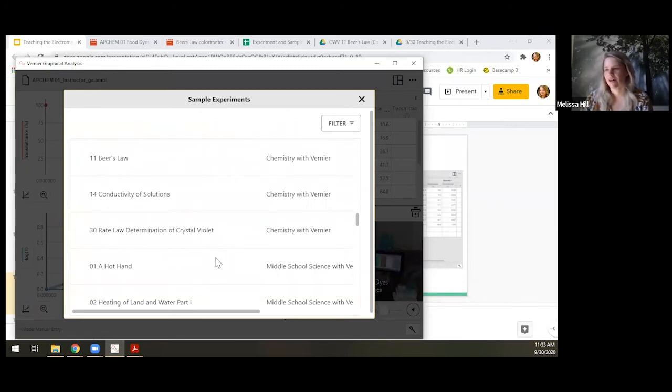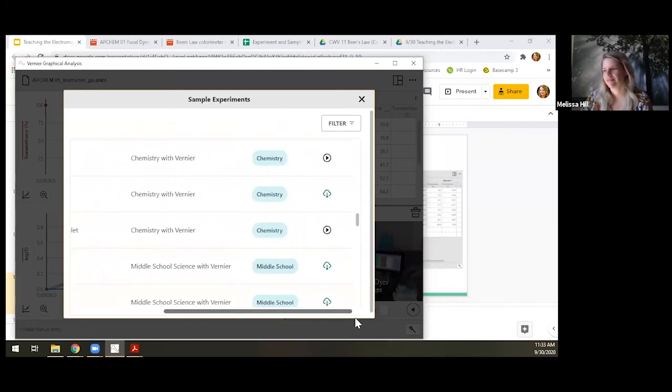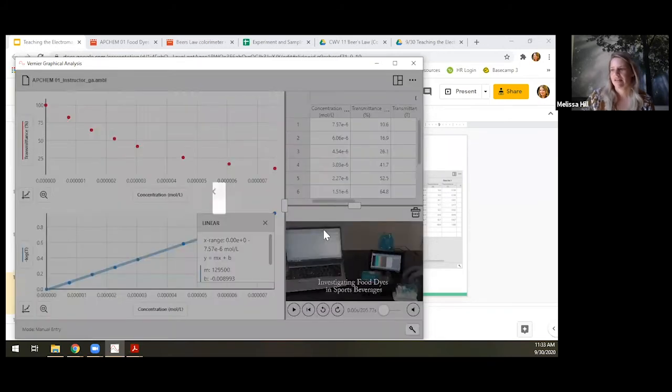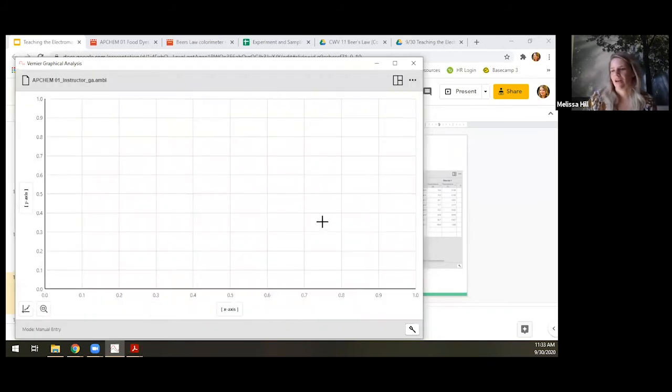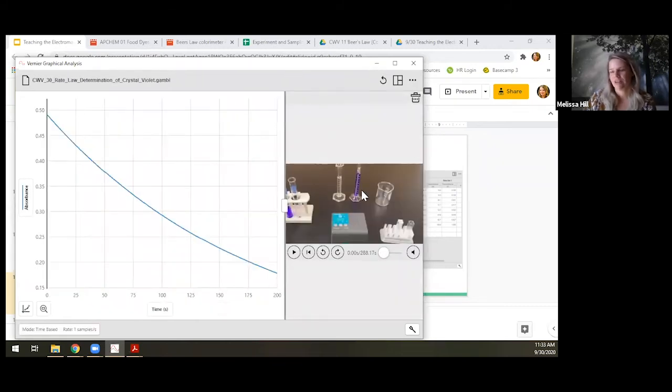So the rate law determination of crystal violet, if I load that in, and this file has been saved with the video, with the data set, but the data here, because it's time-based, is actually synced to the video.